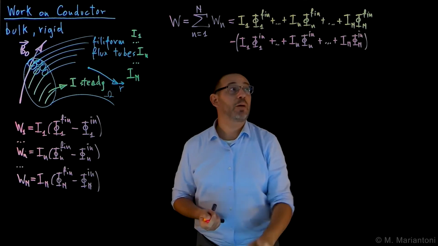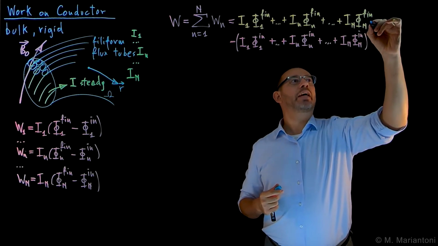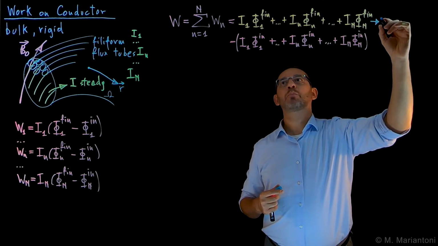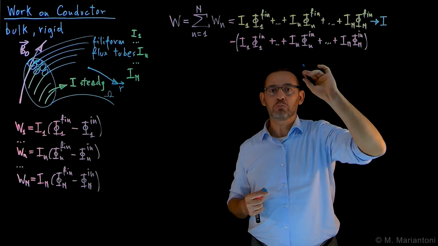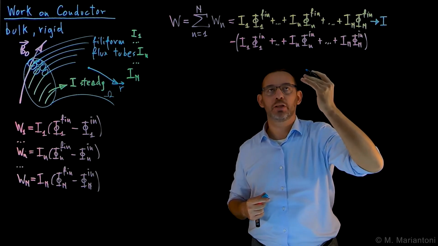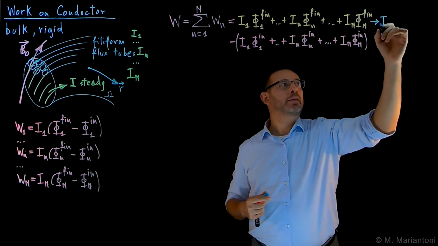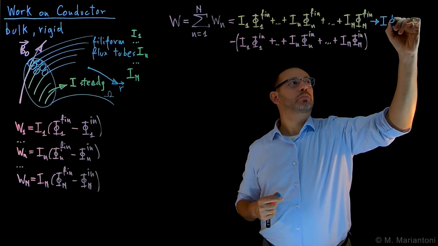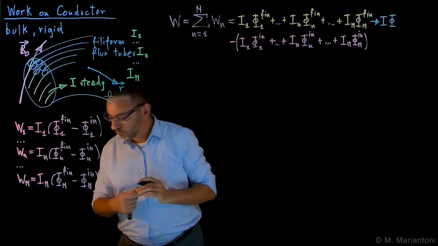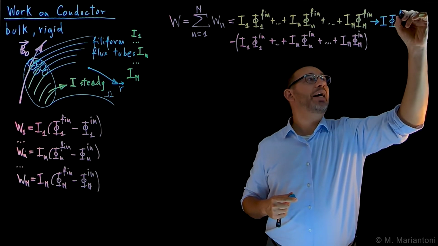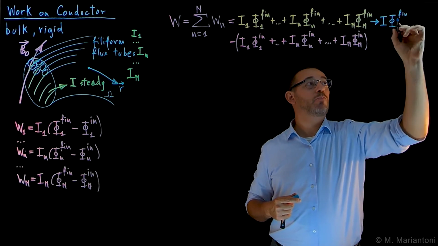Now, the top series, we can redefine it simply as an overall current I. By definition, there is nothing surprising, just my definition. This series, I call it I times phi final. And again, it's my definition. I can call it whatever I want.